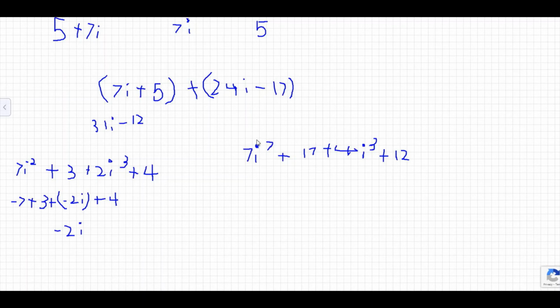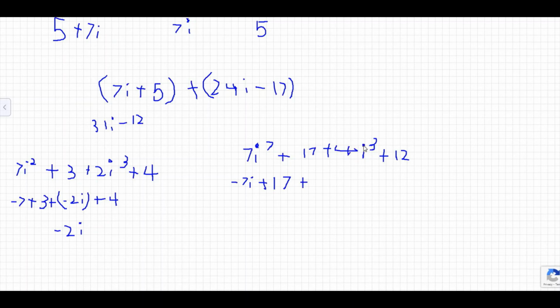So the first step is equating this i to the 7th power. i to the 7th power is negative i. Negative i times 7 is negative 7i. And now plus 17. And now plus 4i to the 3rd. i to the 3rd is negative i.